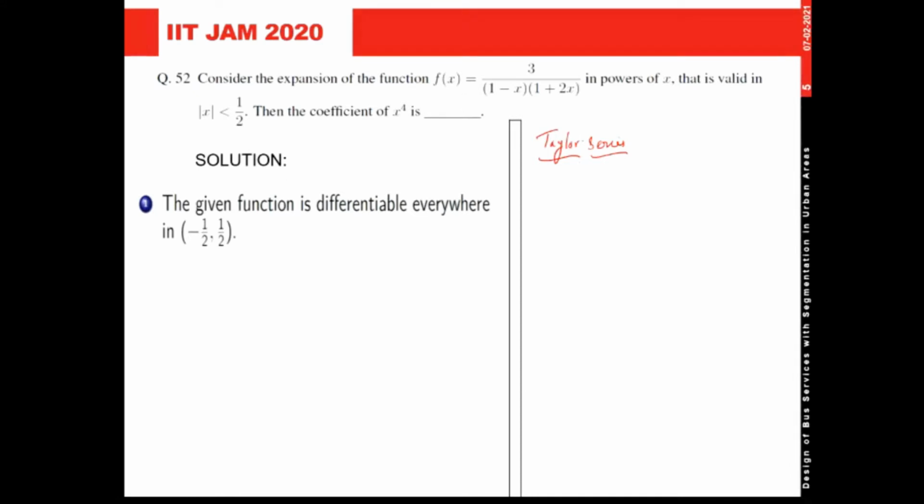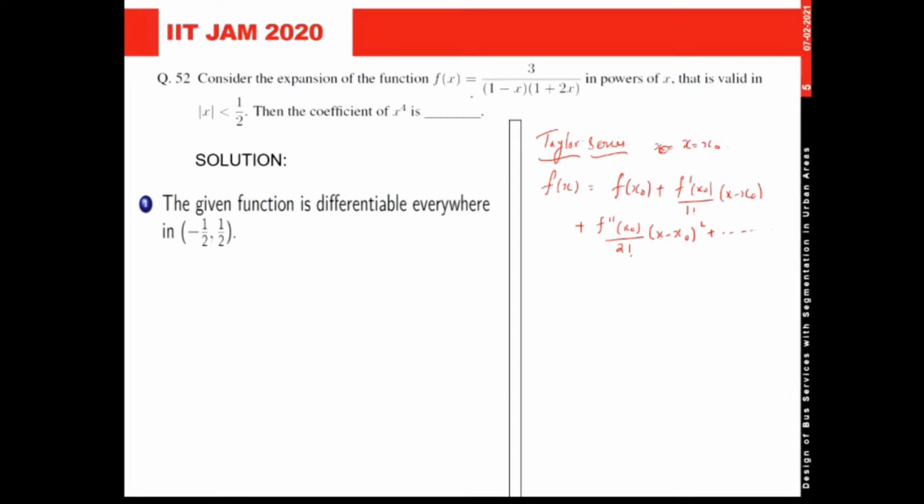If the function is differentiable of all orders, then the function can be represented with some center x equal to x naught, like a polynomial: f of x naught plus f dash of x naught divided by 1 factorial into x minus x naught, plus f double dash of x naught divided by 2 factorial into x minus x naught all squared, plus etc. So this is the Taylor series expansion.